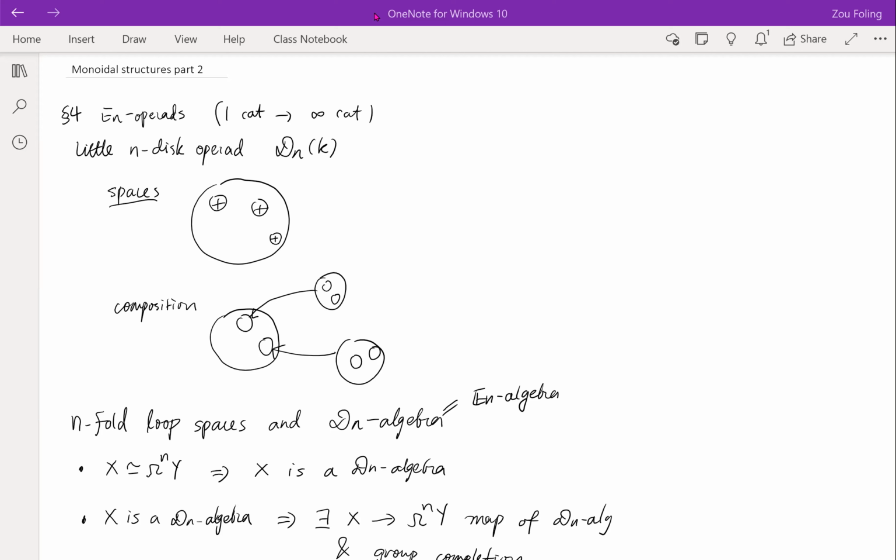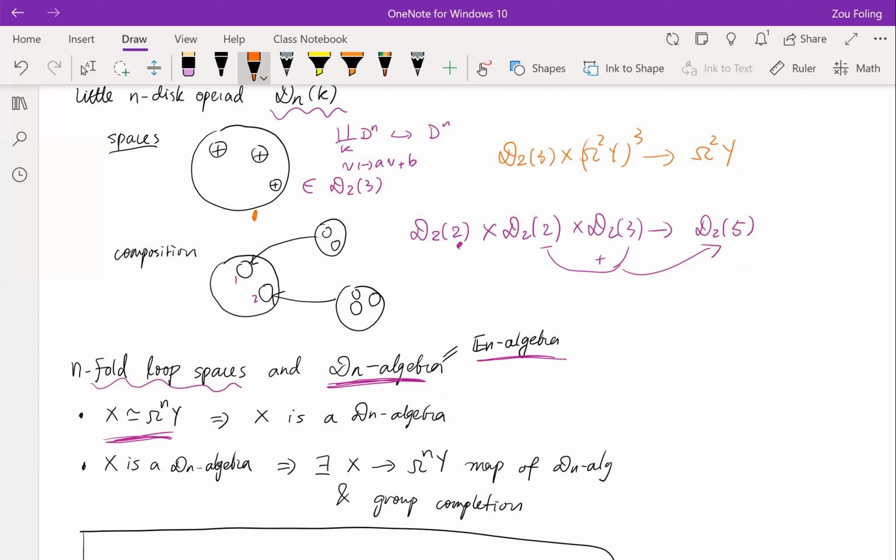So the story is as follows. If I have an n-fold loop space, say with this, I want to do D_2(3) cross Ω^2(Y) three times landing in Ω^2(Y). I'm claiming Ω^2(Y) is a D_2 algebra, so I need to give these kinds of maps.